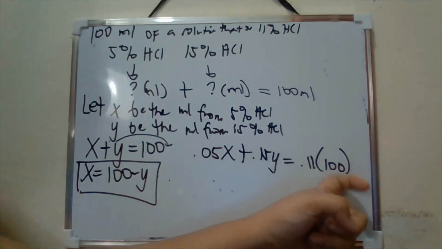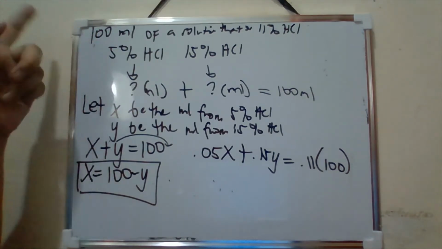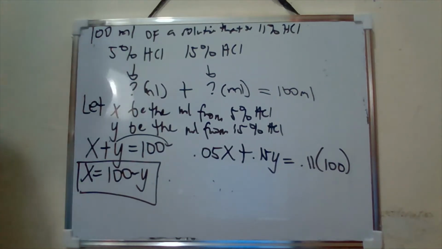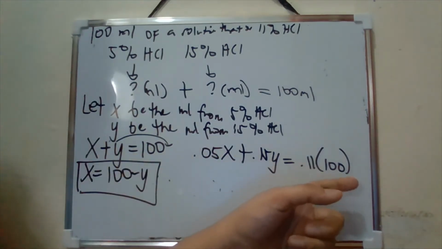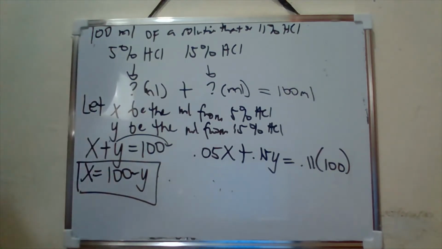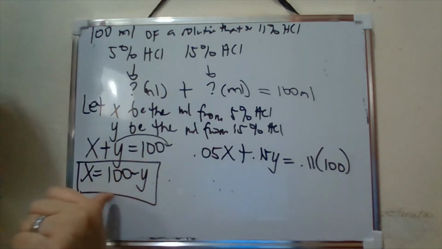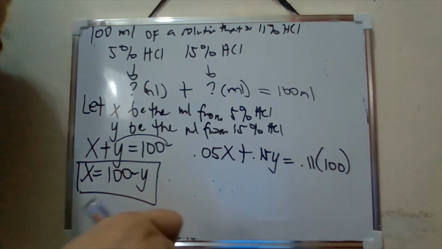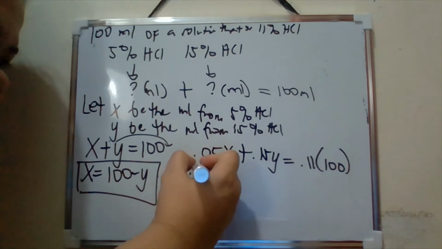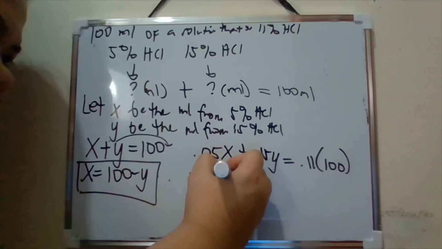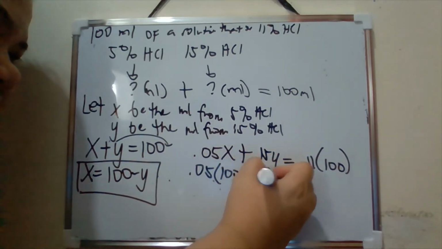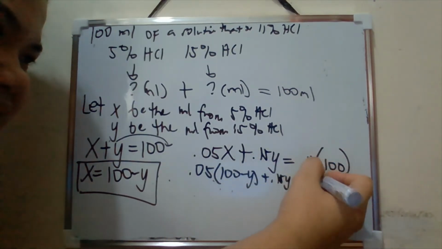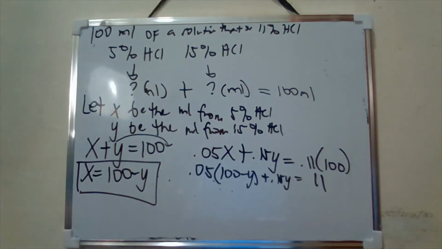This 100 is the milliliters, because it says here 100 ml of a solution that is 11% hydrochloric acid, so it's 0.11 of that 100 ml. Since we have the value of X, which is 100 minus Y, we substitute that: 0.05 times 100 minus Y plus 0.15Y equals 0.11 times 100, which is 11.